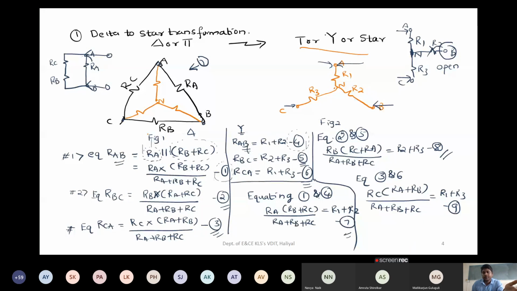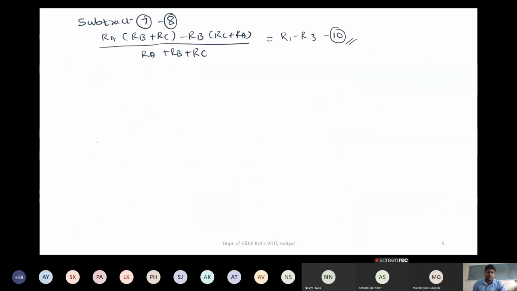By adding or subtracting, if you are able to cancel out one term on the RHS, you can probably go for the addition by adding equation 9 and 10.